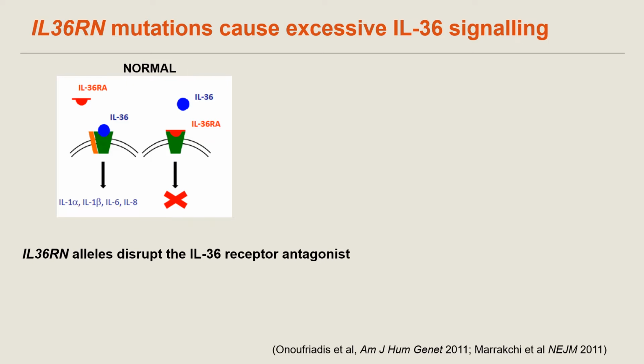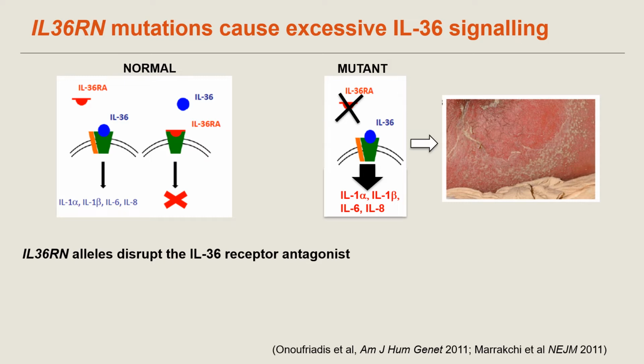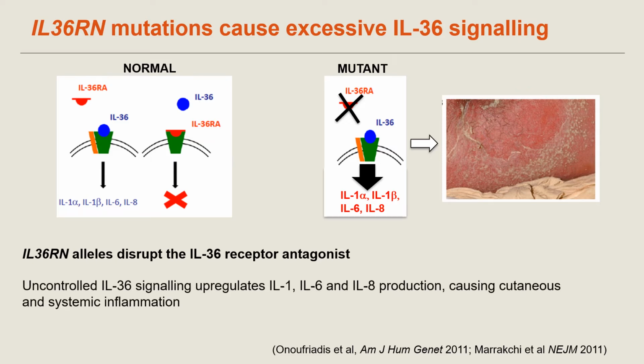So in the absence of this negative regulator, when you have an IL36RN mutation, the brake is released from the system, and what you have is uncontrolled IL36 signaling and excessive production of cytokines such as IL-1, IL-6, and IL-8, and these cause the cutaneous and systemic inflammation, which are the hallmark of GPP.